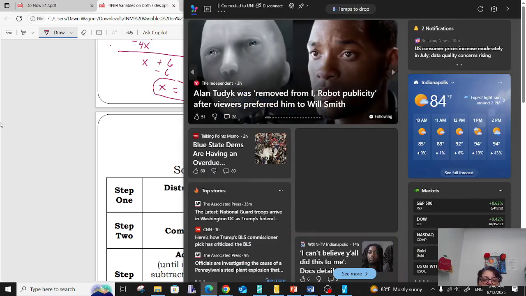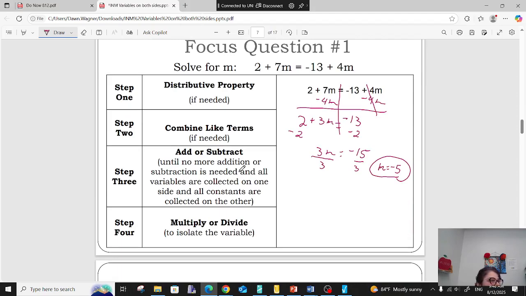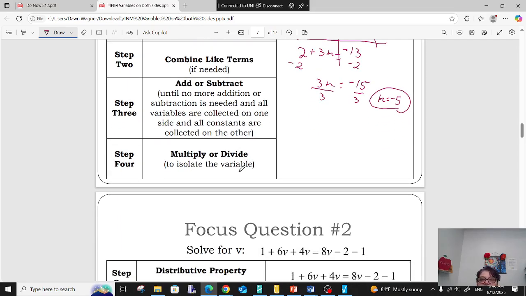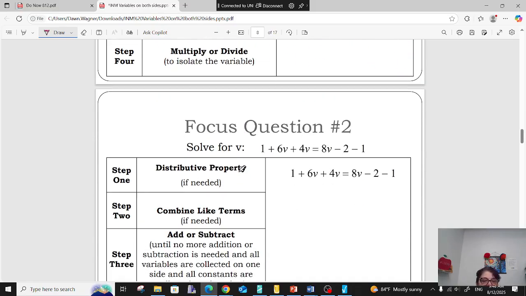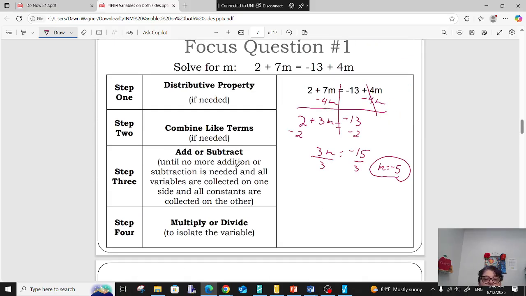Yay? Nay? And of course, now they get a little bit more complicated as I'm going down the list here. So, like this one, no distributive property, right?